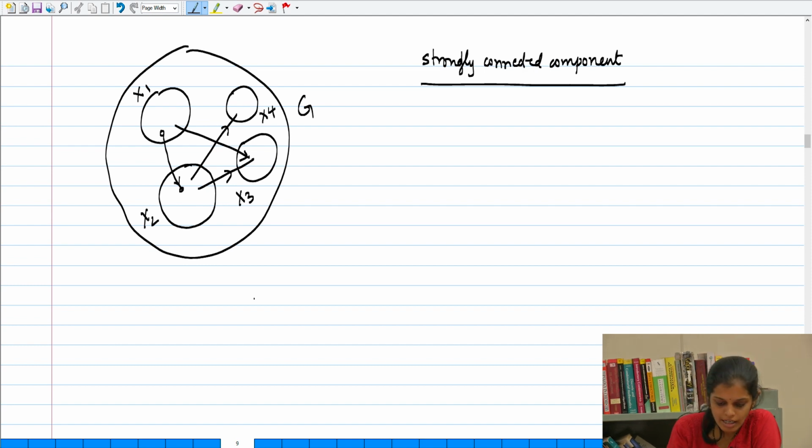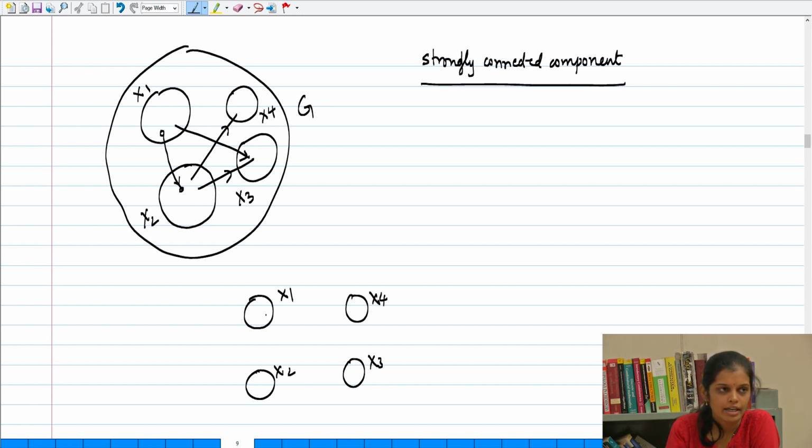I forget that there are internal vertices, I just draw X1, X2, X3 and X4, and I draw an edge from Xi to Xj if there is some vertex in Xi that has an edge to some vertex in Xj. I don't draw the edge from inside, I just draw it from X1 to X2 and so on. Now what kind of graph do you expect to see?